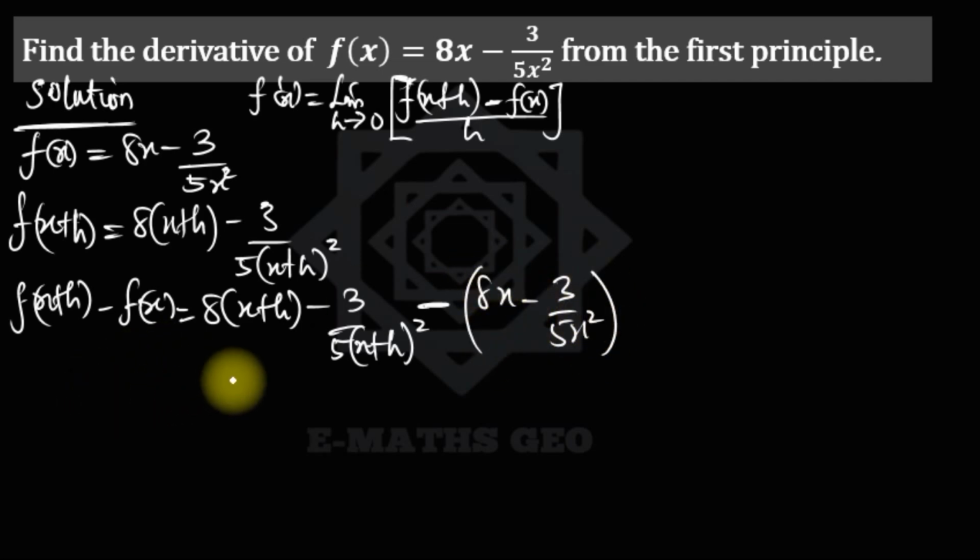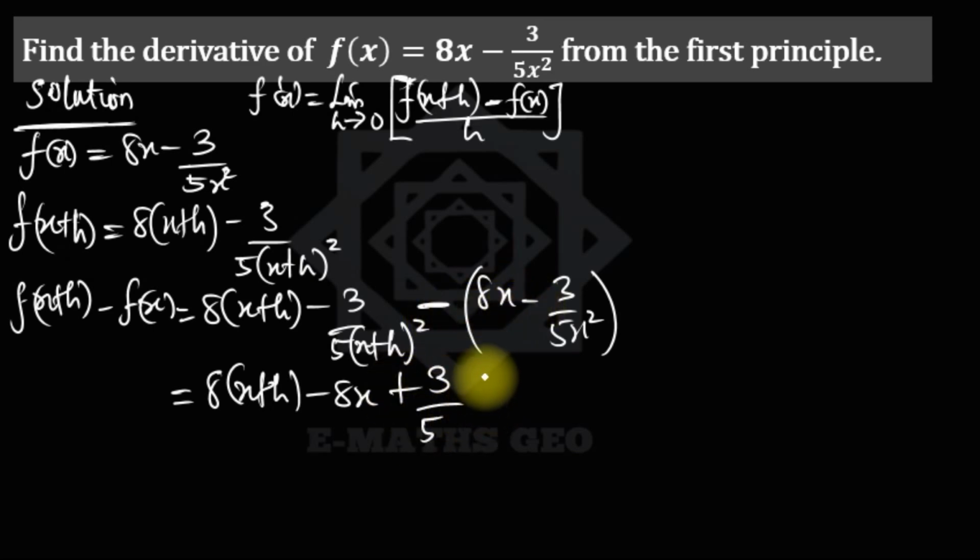So which is equal to, we'll factor, this comes here, so we'll write 8 times x plus h minus 8x. I've moved this to this side. Why? Because minus times minus is plus, so I have 3 over 5. I factored 3 over 5, so I have 1 over x squared minus 1 over x plus h all squared.